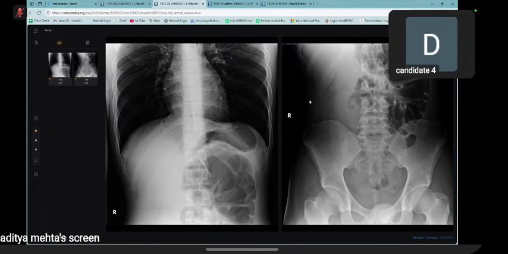There are tiny multiple small nodules noted within the lung. I will go back to it, but because the patient is coming with severe abdominal pain, I will go for the next X-ray.